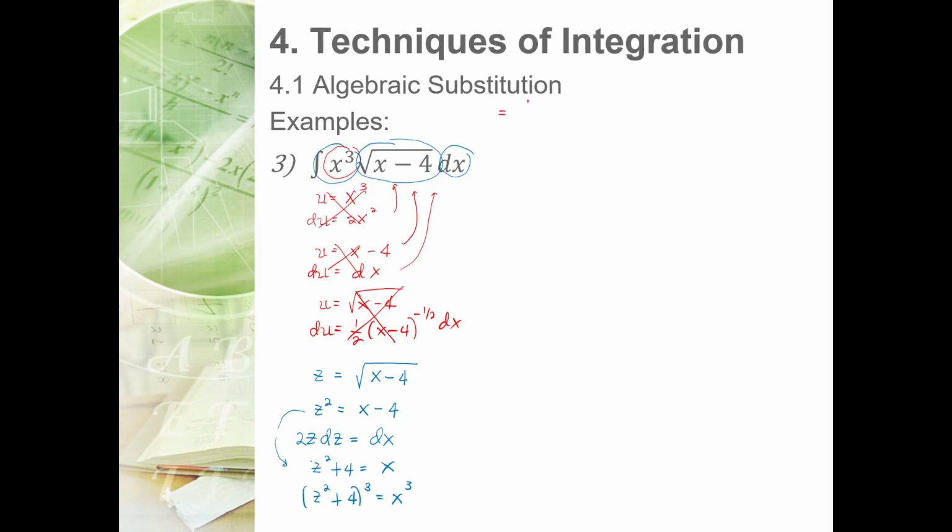So this becomes integral of, first is x cubed, so this one is z squared plus 4 cube. Then your square root of x minus 4 is now your z, so times z. Then your dx is 2z dz.